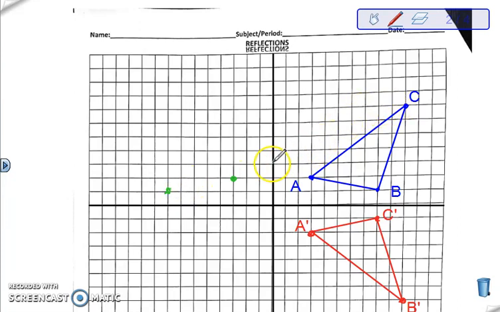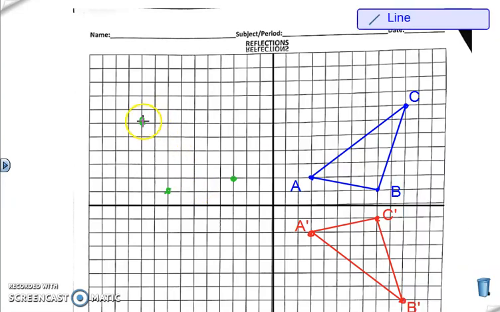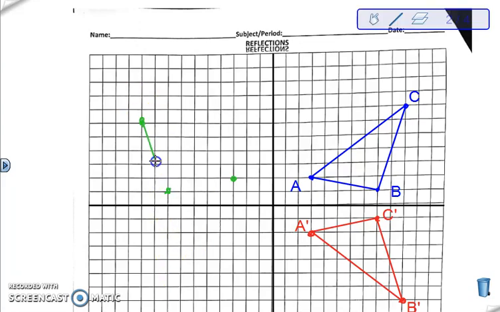And then, all right. So there's our points. Let's connect the dots to make our green triangle.